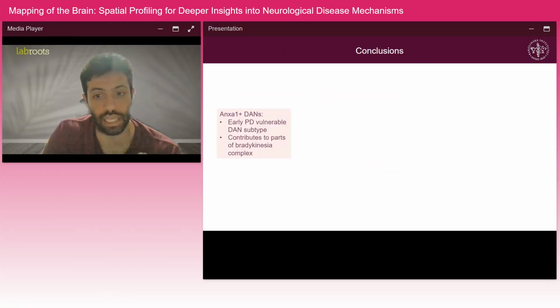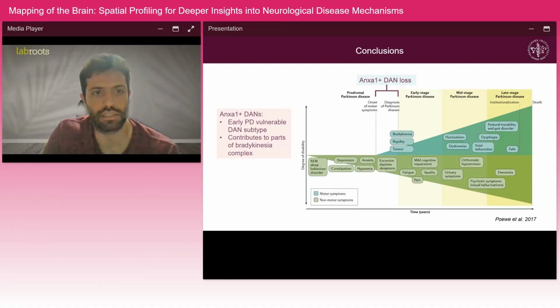So what we did here, and that's the important conclusion, is we defined a vulnerable dopamine cell type that contributes to parts of the bradykinesia complex. And how we would frame it in the patient spectrum of the disease progression is that we think AXA1 dopamine loss is located somewhere here. So it's just before the diagnosis of Parkinson disease.